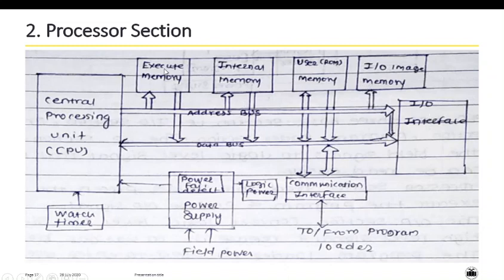These four memories will play a very important role in your processor section. First is IO memory, input output memory, then user memory or ROM, then internal memory or RAM, and execute memory. We will see all these in detail. And there is a power supply mechanism. There is some communication interface, by which you can load a program into the ROM.